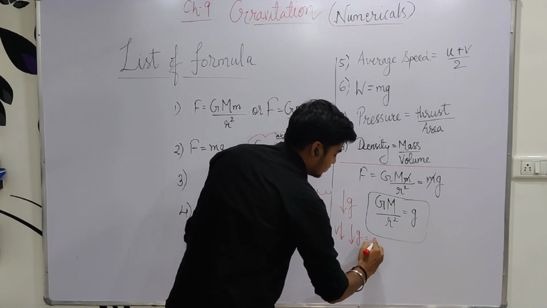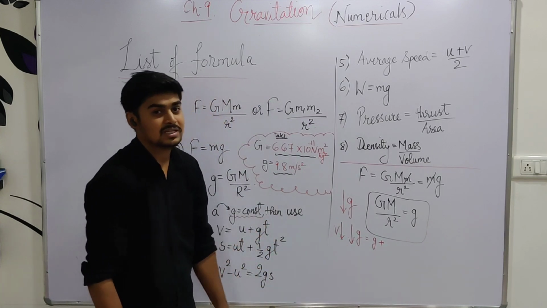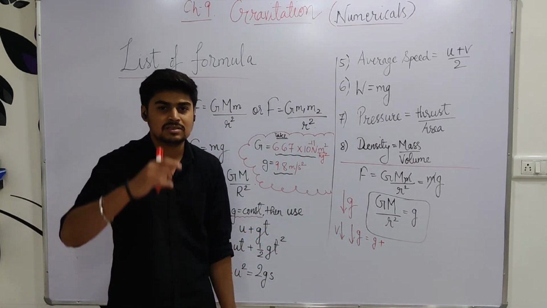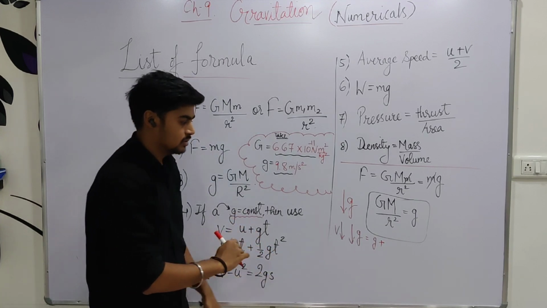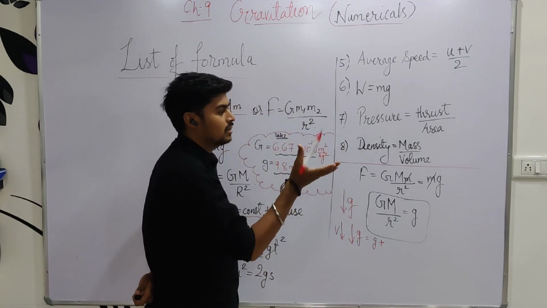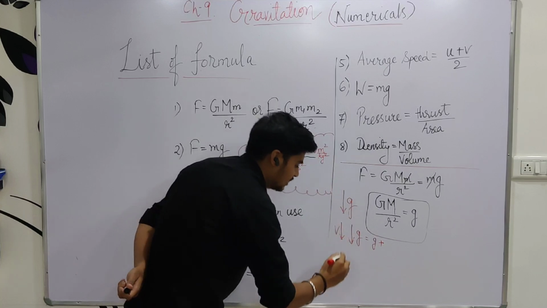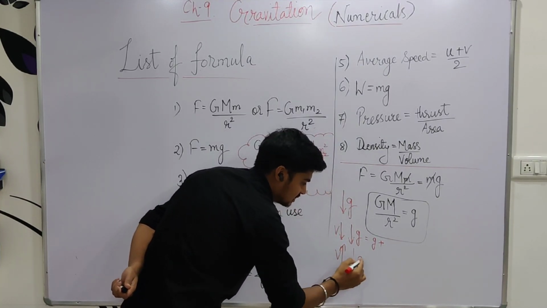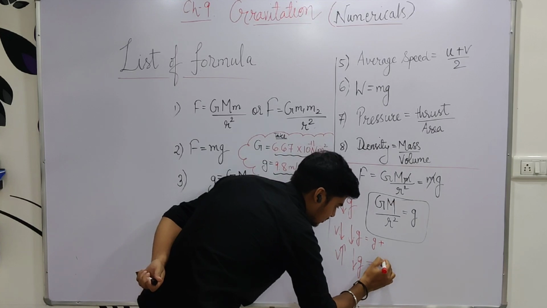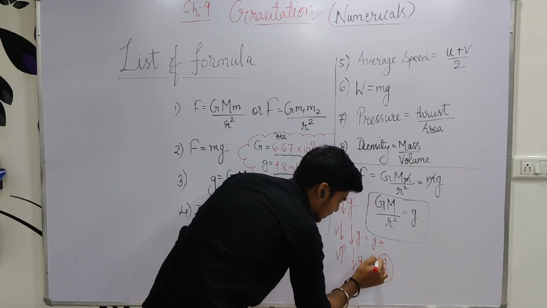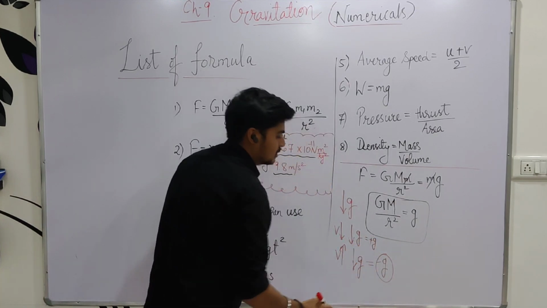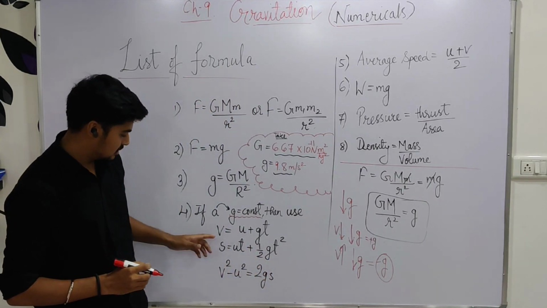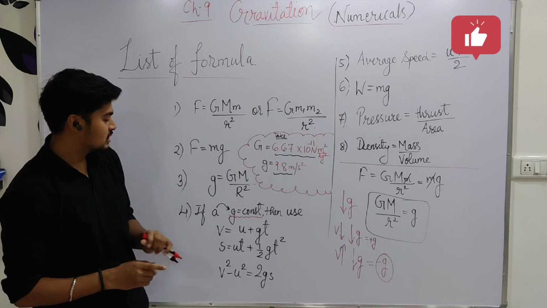So we will take g as positive if the situation is like this, that is, if gravitational acceleration and velocity have the same direction. Velocity means the direction of motion of an object. But if you throw something upward, the velocity will be upward, but the acceleration due to gravity is always downward. So if the directions are opposite, we will take the gravitational acceleration as negative. Clear? So the sign of gravitational acceleration should be kept in mind while solving any questions related to equations of motion.